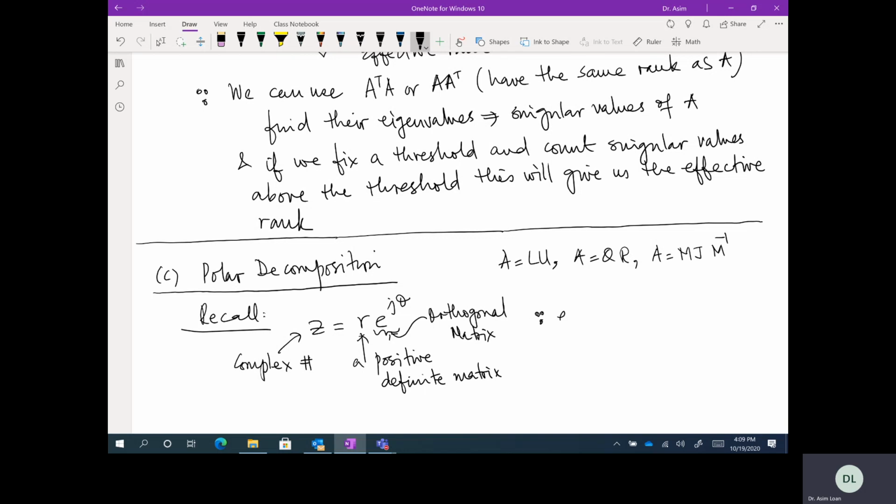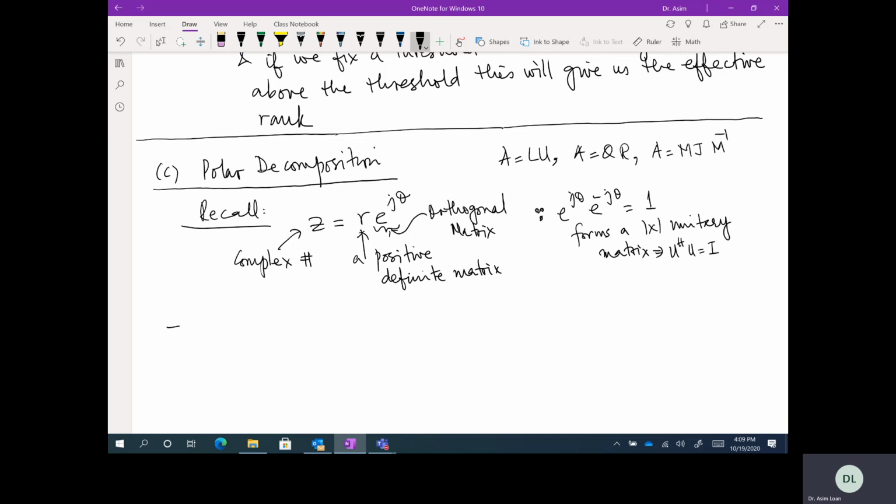Because e^{jθ} times e^{-jθ} is 1, forms a 1 by 1 unitary matrix, U^H U equals I.